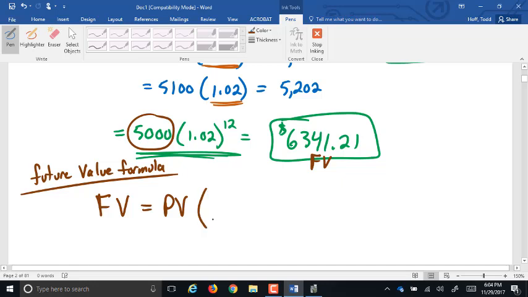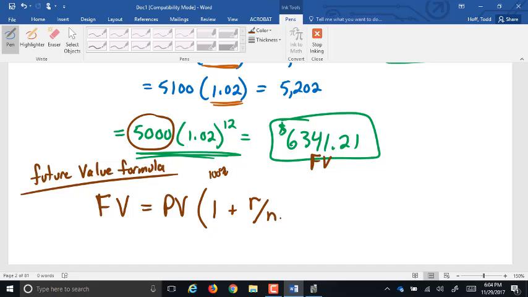And we multiplied it by 1 plus 2%, right? 102%. The 1 stood for 100%. The 2 came from our annual percentage rate, which I'm going to call R, divided by the number of periods in a year. We had 8%, but we divided it by 4 periods in a year because it was quarterly.